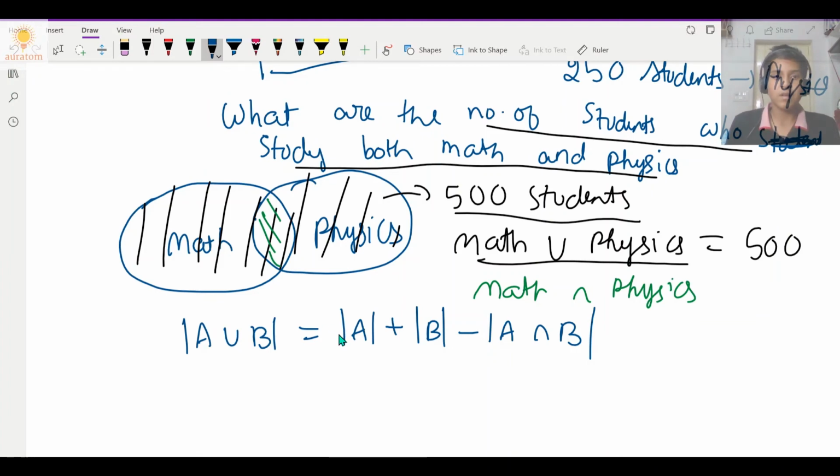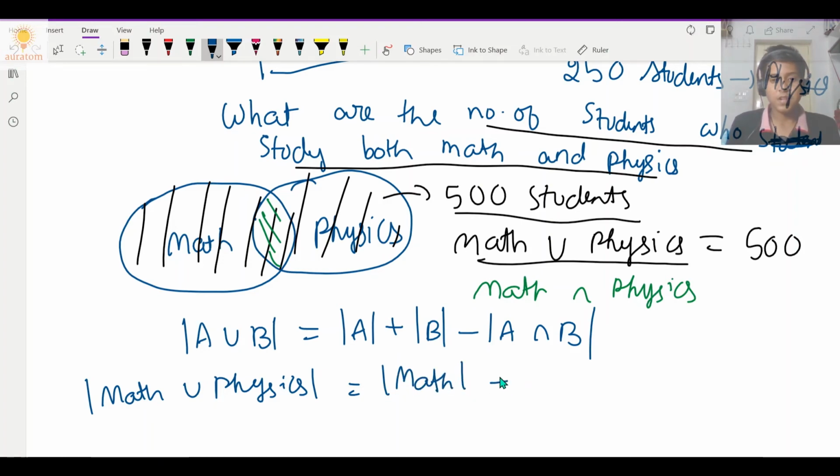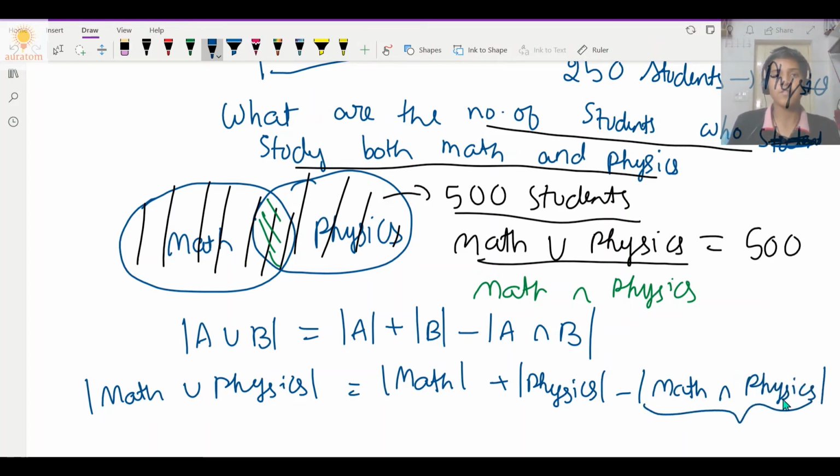So in this case, math union physics will be equal to the number of students in math plus the number of students in physics minus the number of students in both math and physics, that is math intersection physics. And this is what we have to find, right?